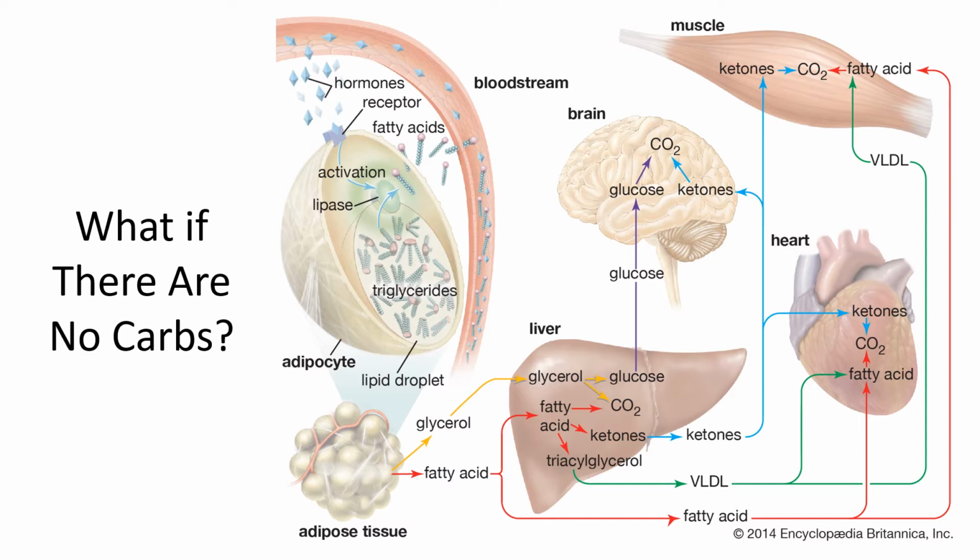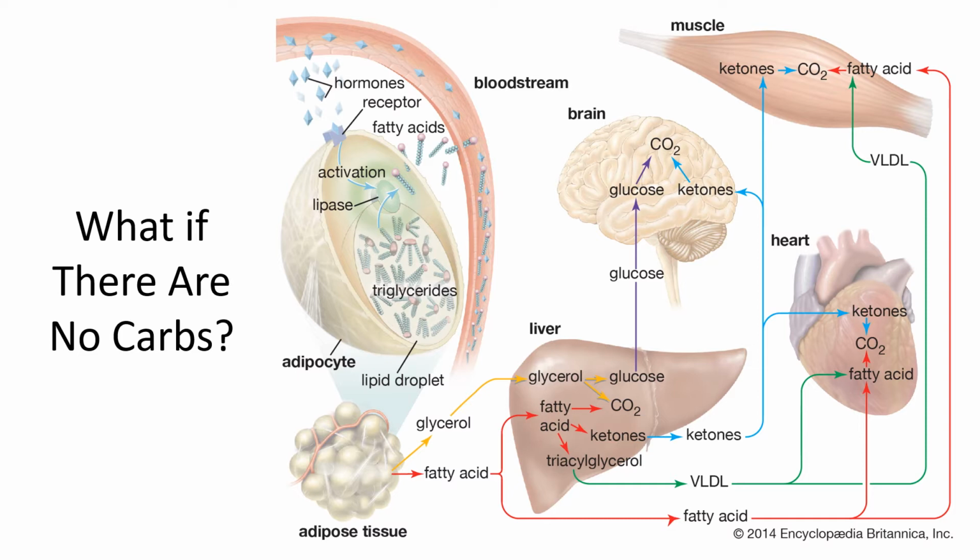It's an excellent source of energy in that it can be broken down very readily. But they'll also run on something called ketones, and we'll get to that in a moment. The other cells in your body are not as picky. However, they tend to prefer glucose if it's available. If there's glucose and protein and fat available, they'll use the glucose. If glucose isn't there, they'll happily use the other macromolecules.